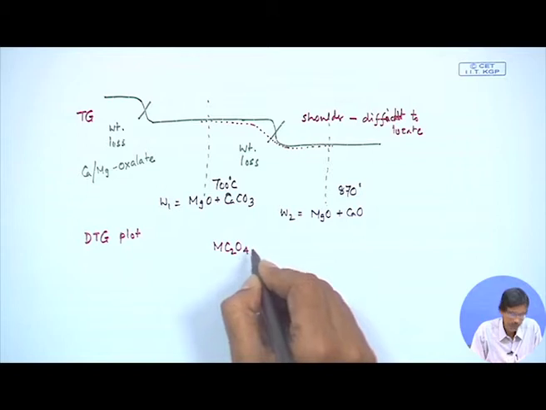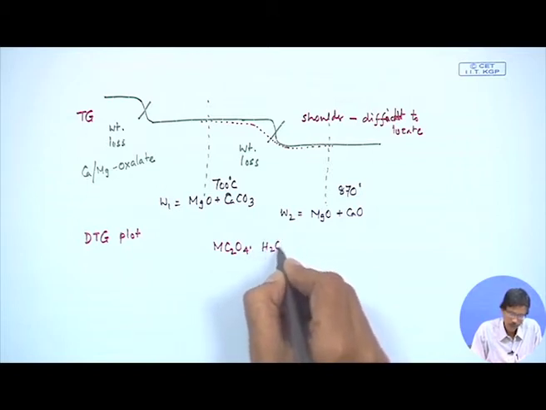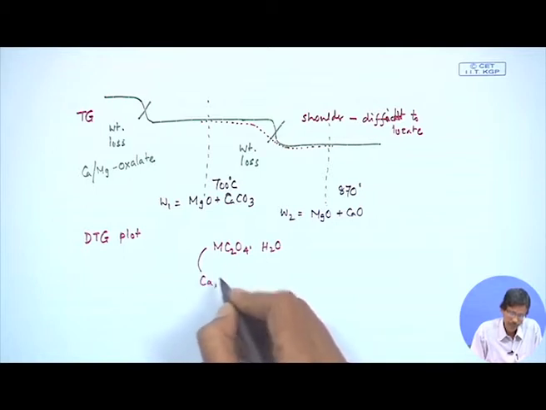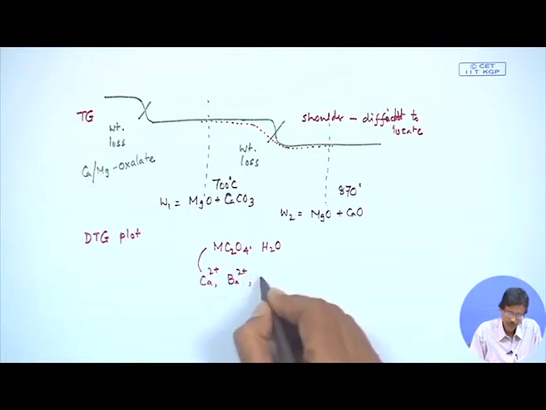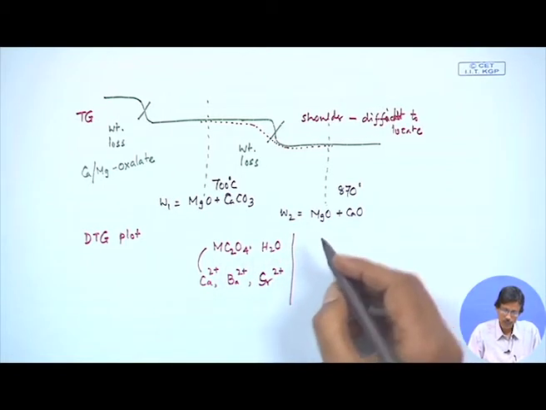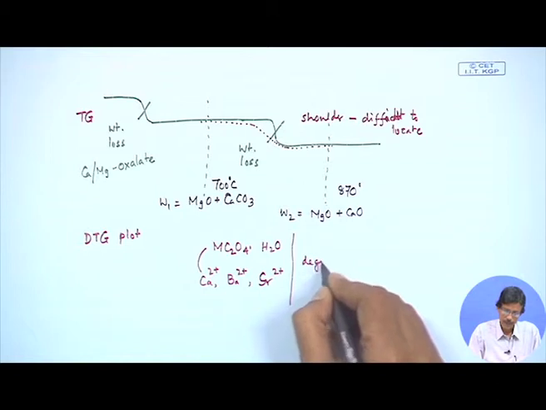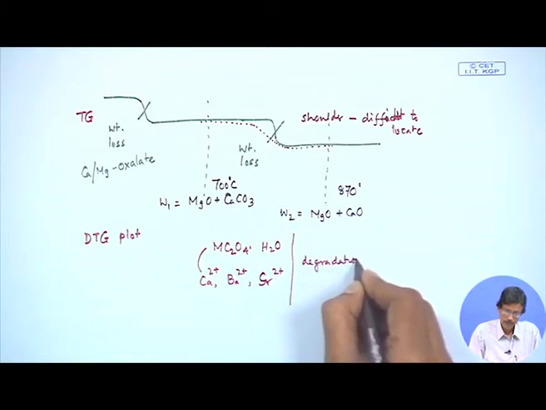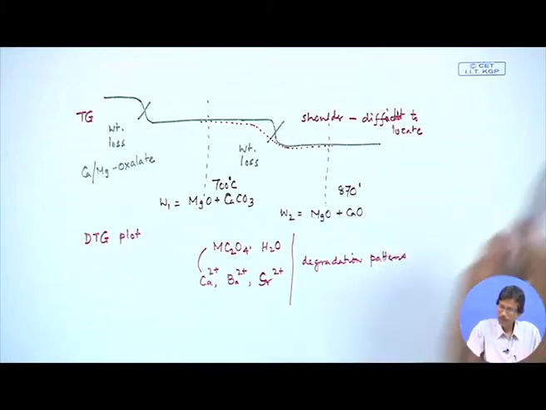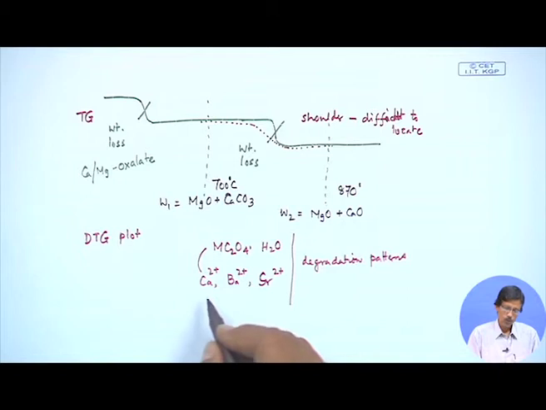It can be a mixture with a certain number of waters of crystallization for different other oxalates like calcium oxalates or barium oxalates or strontium oxalates, and their decomposition pattern or degradation pattern.